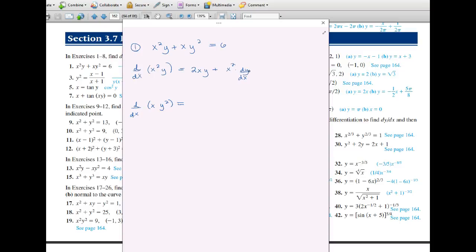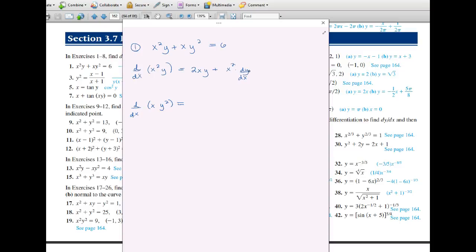Okay, we all right on that first step? So derivative of x squared was 2x. Keep the y the same. Plus, keep the x squared times the derivative of y, which is dy dx.